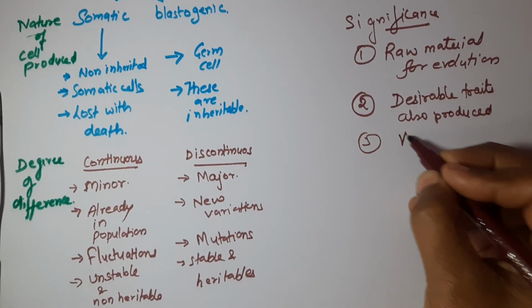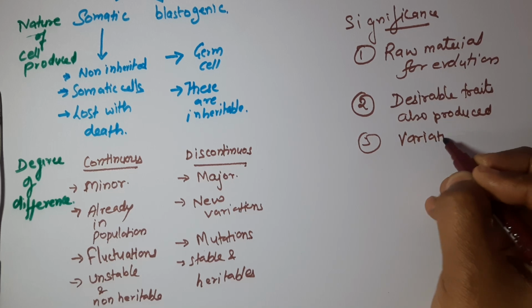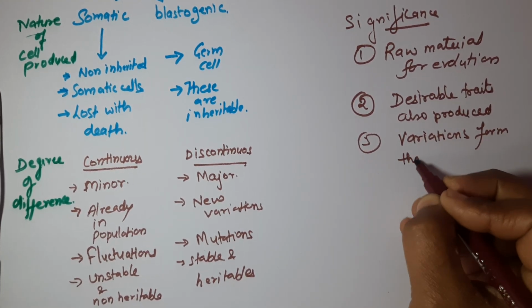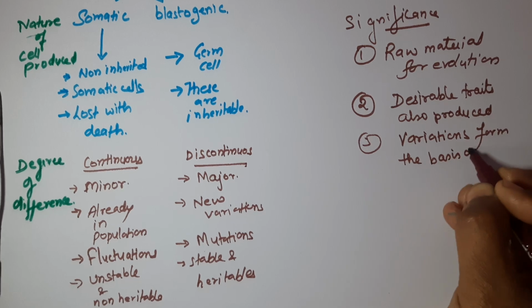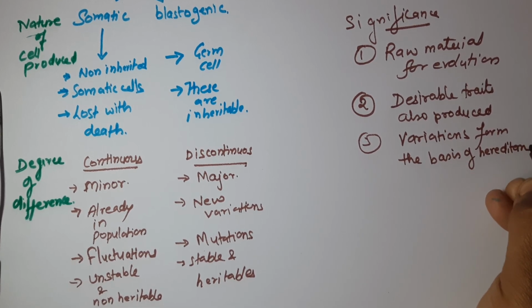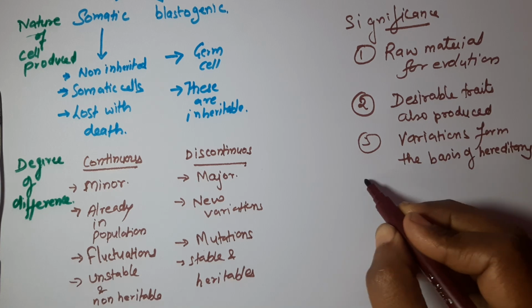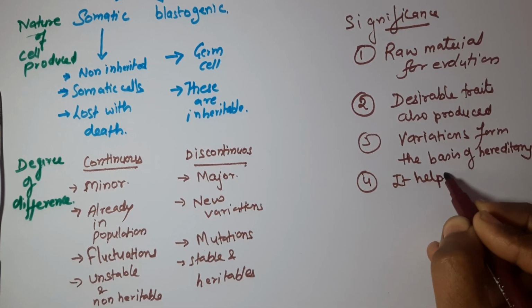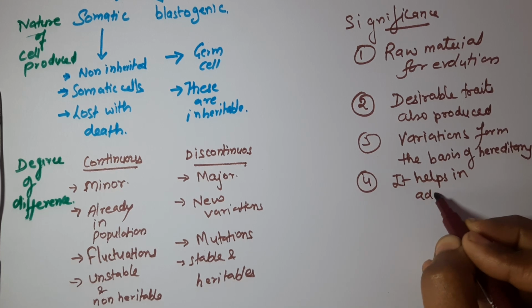The third point is that variation forms the basis of heredity. And the last is that it helps in adaptation. So these are the key points.